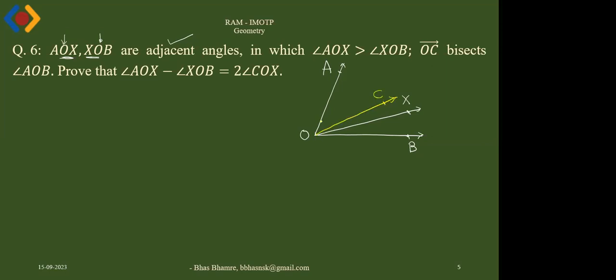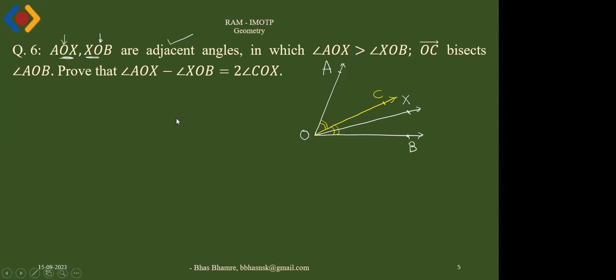Because AOX is greater than XOB, if they were equal, then OX and OC would coincide. But since there is that greaterness, ray OC must not coincide with ray OX.